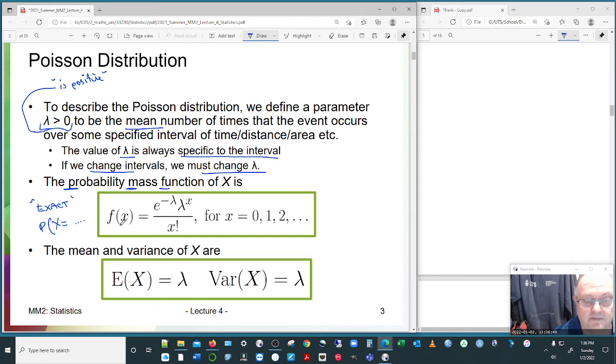Here's the function for our Poisson distribution: e to the minus lambda, lambda to the power x over x factorial, and the mean and the variance. Once we do not freeze up over the equations, the processes that we're using are similar to what we did for the binomial distribution. We're using probabilities to compute statistics. Why? Because they're easy to do. That's why we like to do them.